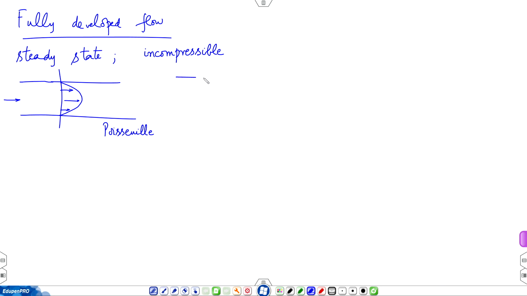Then we have the Couette flow problem, where the externally applied pressure gradient is 0. There is no pumping action, and the flow is set into motion by the movement of one surface relative to another. So, here we got a linear velocity distribution.